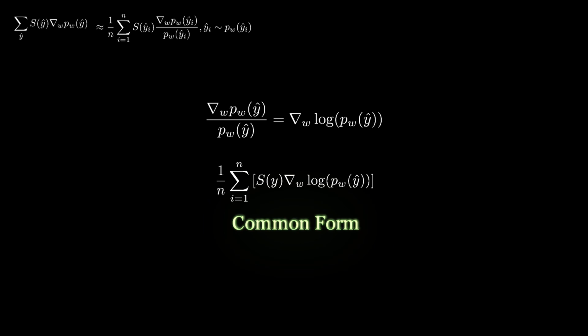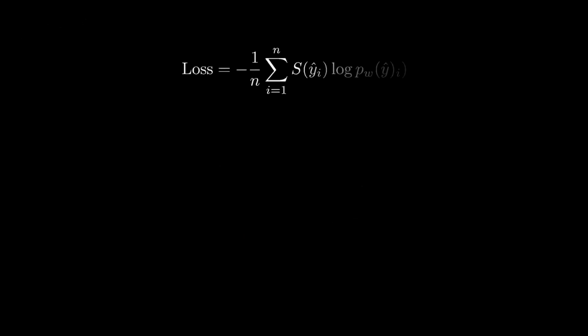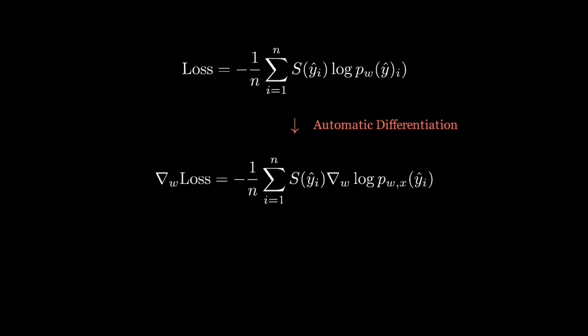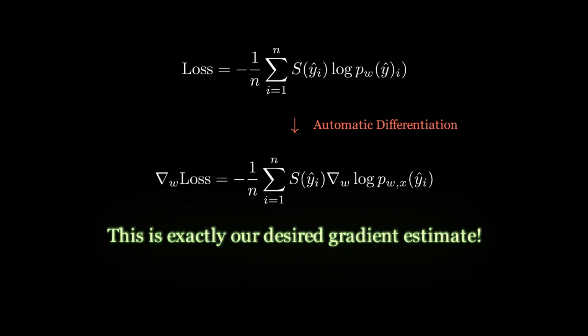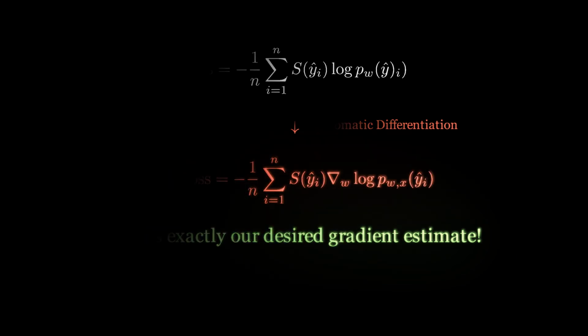The log version is also easier to implement in standard deep learning frameworks, which use automatic differentiation. In these frameworks, you have to specify a loss function which is automatically differentiated and minimized. You can simply compute the sample mean of score times log probability and use this as the loss function, which when differentiated becomes the quantity that we want to evaluate.